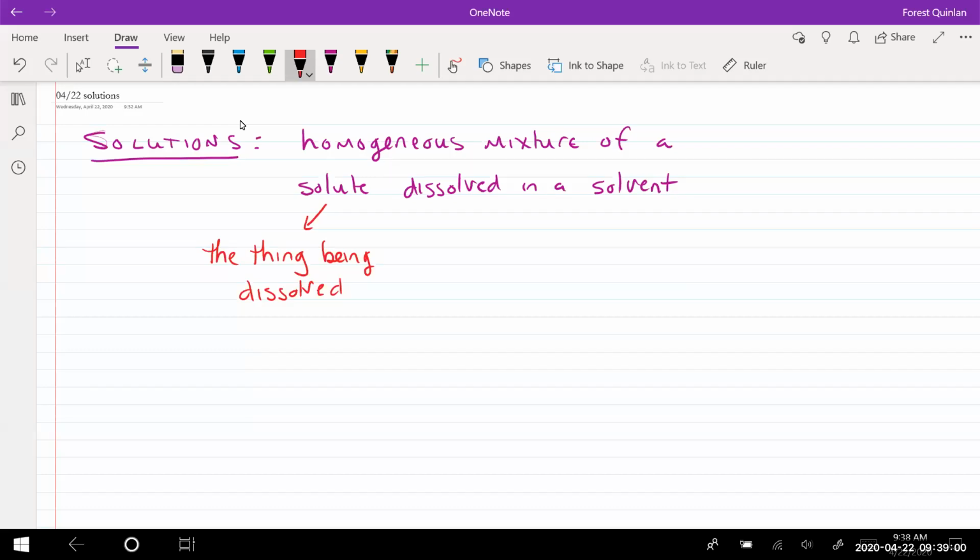That means the solvent is doing the dissolving. And it should be noted that it is the lesser amount.